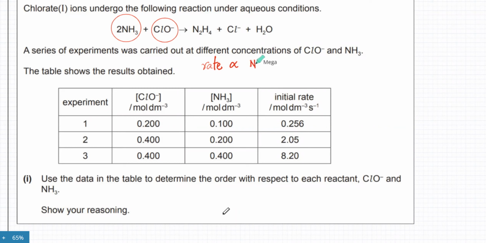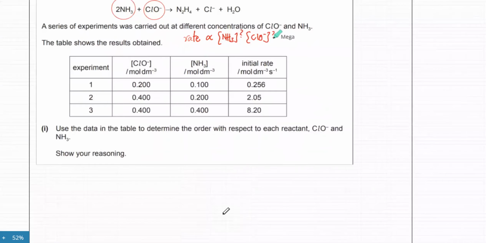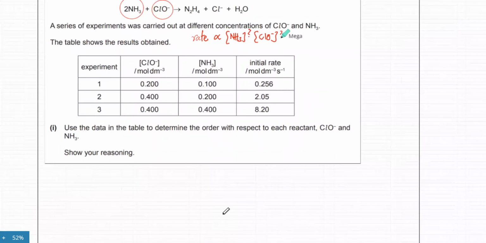It depends on NH3's concentration, we just don't know how, so the order is not known, and it depends on ClO- concentration, and we're not sure how it's going to depend on that. So this is what we are looking for. We're trying to figure that out. So can anyone tell me which experiments I should compare to figure out the order?